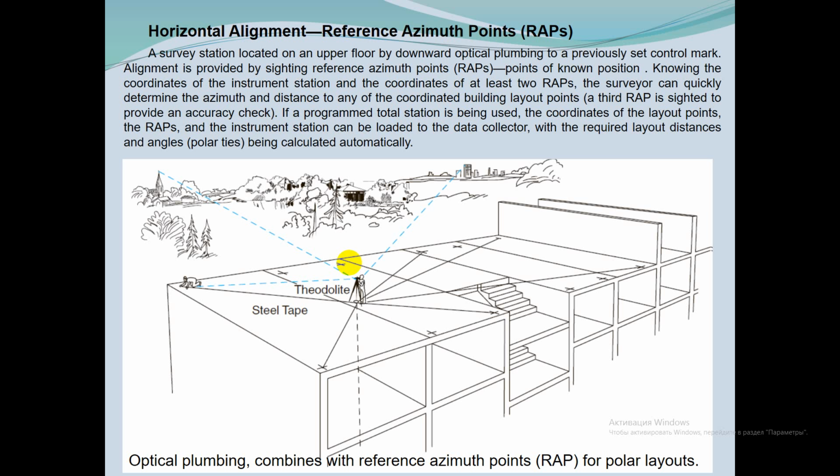If a programmed total station is being used, the coordinates of the layout point, the reference azimuth points and the instrument station can be loaded into the data collector, with the required layout distances and angles, the polar tie, being calculated automatically.